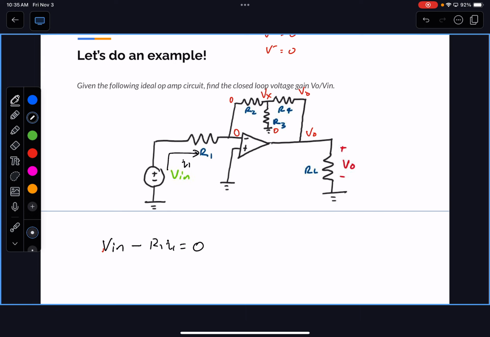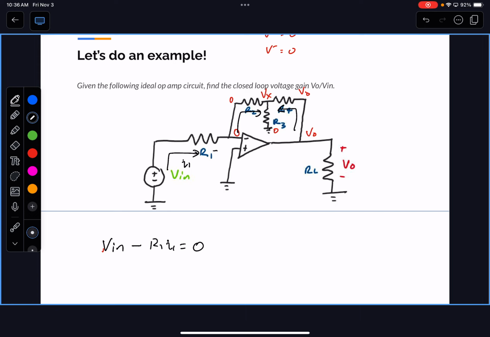Does that make sense so far? Okay. And then we have another current. Since we define it this way, whatever comes in has to come out. So we'll define current the opposite way over here. Okay. And voltage, since this is ground, we can just say voltage flows like this. How about that? Okay. So we'll say that this way.